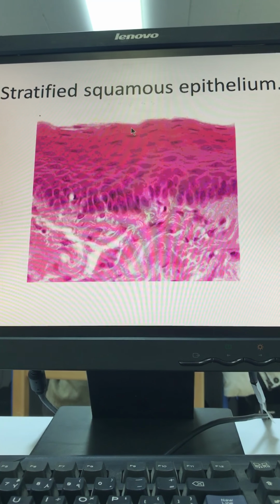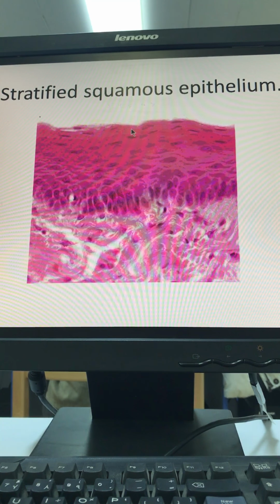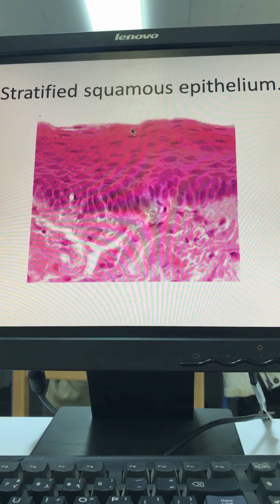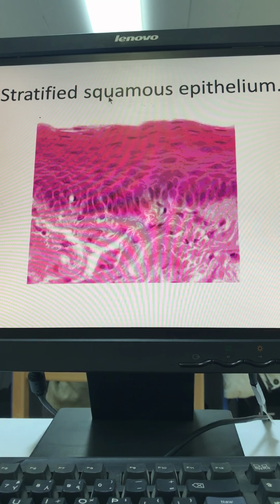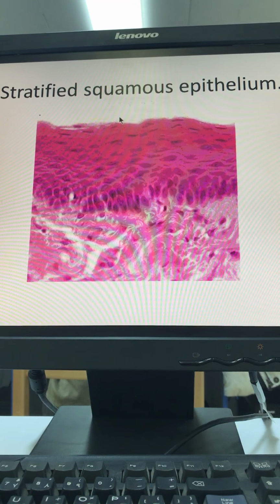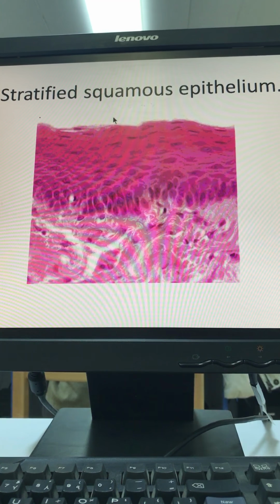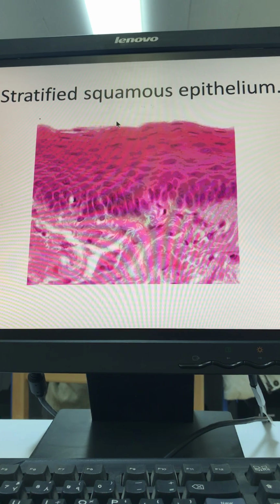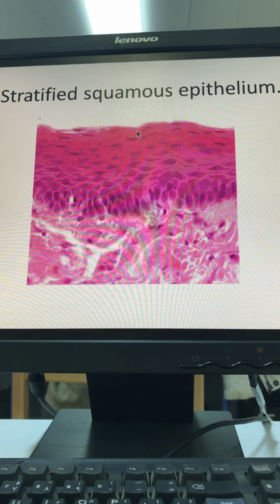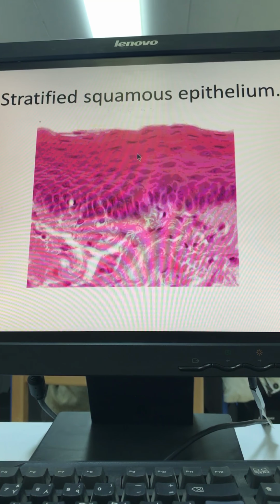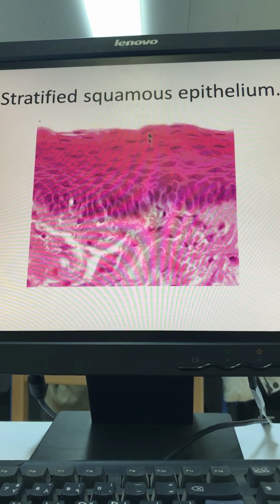So, how can I tell that this is an epithelium? We don't have other options yet to confuse you. We said the lining or covering tissue is always epithelium. I have a space here. This is the covering tissue. I will tell this is epithelium.